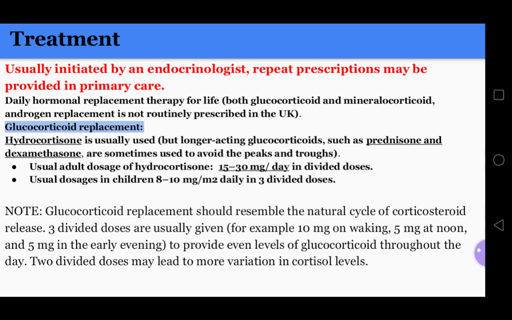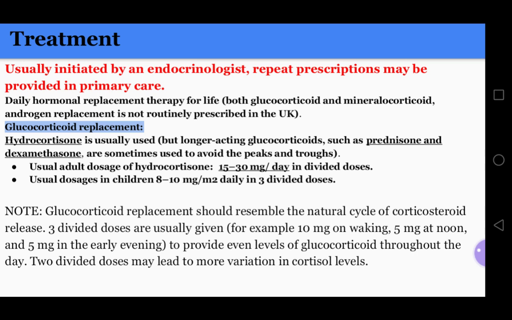Coming to treatment of Addison's disease, it is usually initiated by an endocrinologist. Repeat prescriptions may be provided in primary care by the patient's GP. Treatment is daily hormonal replacement therapy, which is lifelong, both glucocorticoids and mineralocorticoids.